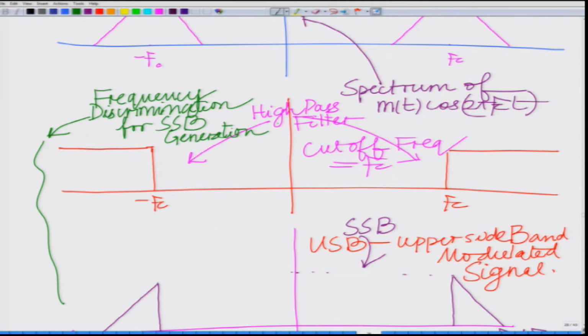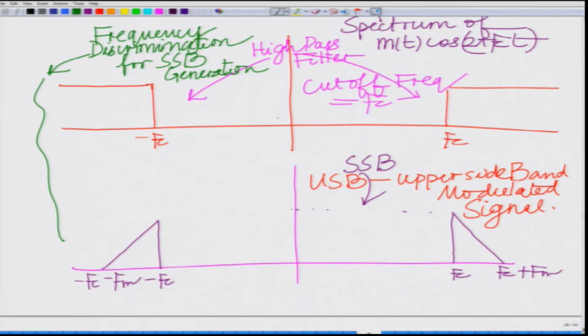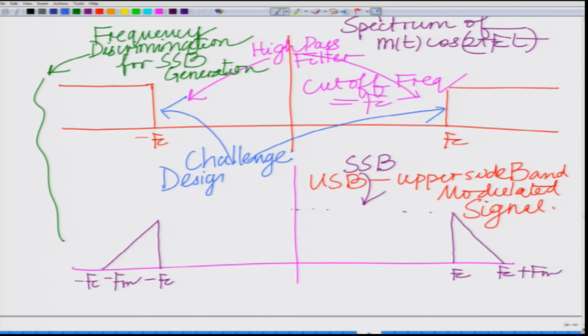The challenge with this is to design a high pass filter with such a sharp cutoff frequency.